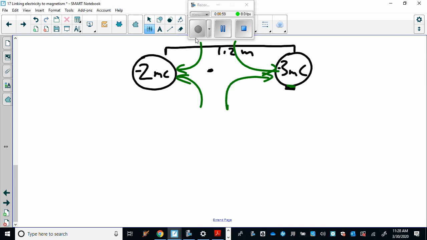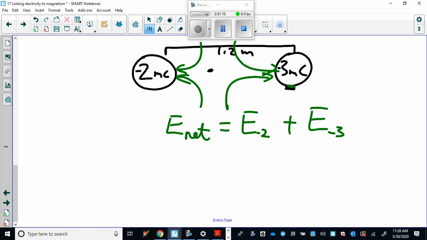Okay? So we want to find out where it's 0, and what we're going to do is we can say that the net electric field equals the electric field caused by the -2 plus the electric field caused by the -3 millicoulombs. Sorry, not micro, millicoulombs. Since this is 0, we can just move one of these over to the other side.